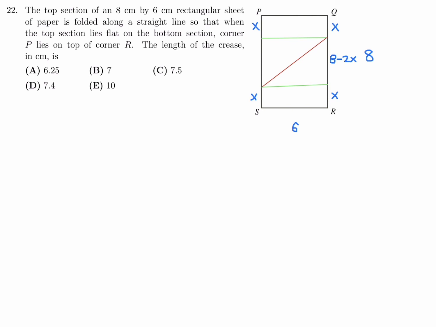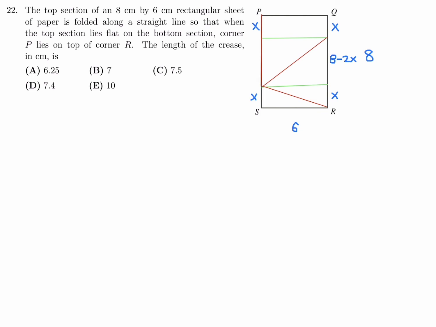But the reason I encourage you to do this on a piece of paper is that you'll find that when you actually make that fold and have P come and land on R, you'll notice that this segment right here corresponds entirely to this segment from there to there. So if you were to draw a line from this point to this point, you will see it matches entirely to that segment.